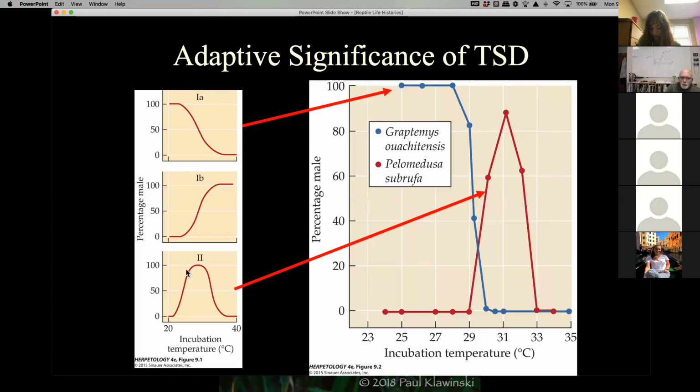If you are a type 2 species, you don't get any females being produced at the low temperatures, but you get males and females potentially being produced, perhaps altering the sex ratio. And if it gets warm enough, you might phase out males altogether and once again get only females, because the latter half of this figure 2 here looks just like 1A, just shifted upward in temperature.